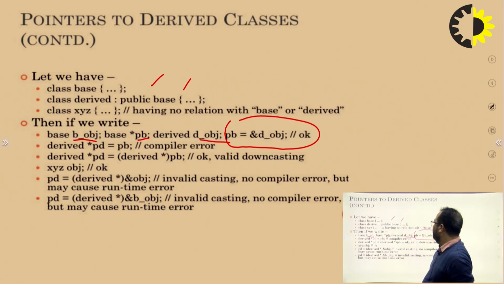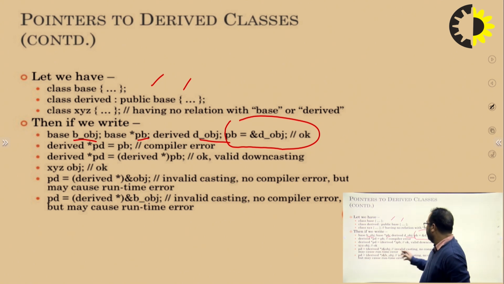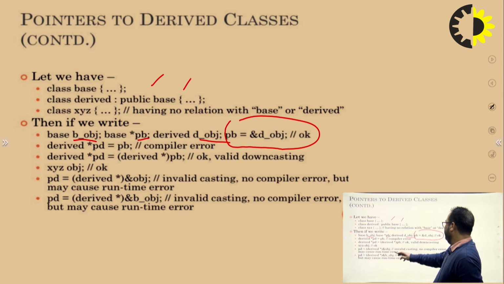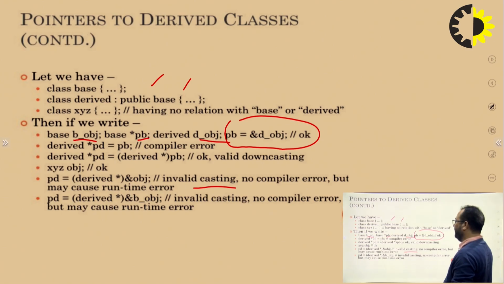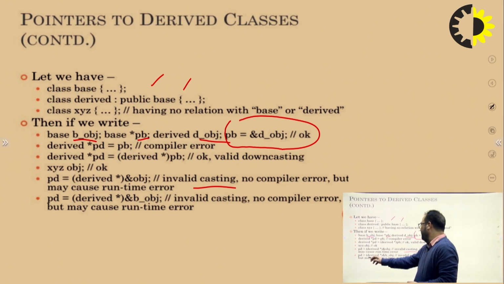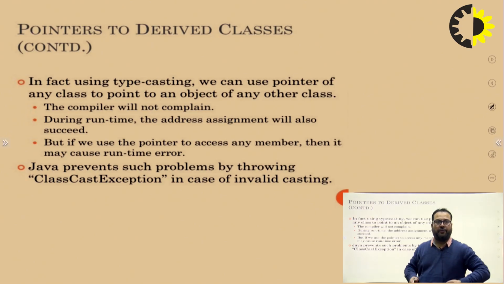Similarly, we have a pointer to a derived class. Here we have just typecast, but this is an invalid cast: no compiler error, but it may cause a runtime error.